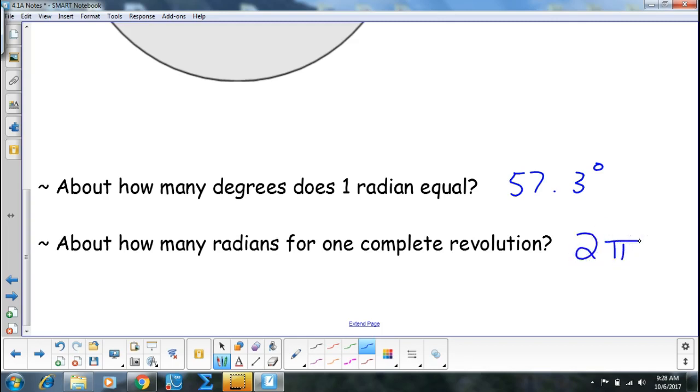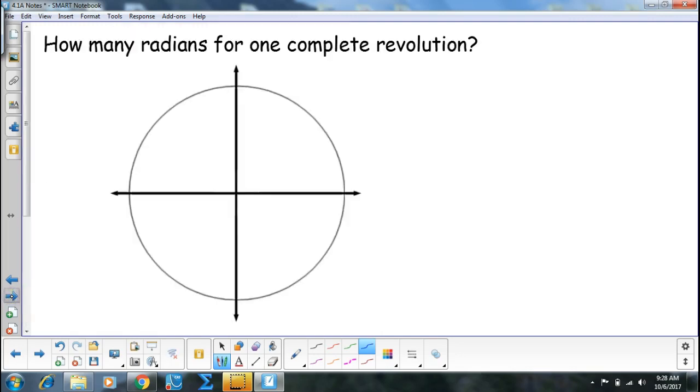So it's 2 pi to go all the way around, but that's the same as what in degrees? It's the same as 360 degrees. So 2 pi radians is the same as 360 degrees.